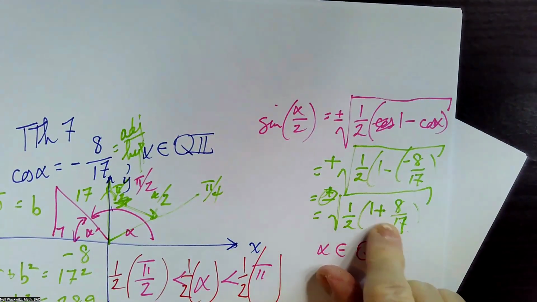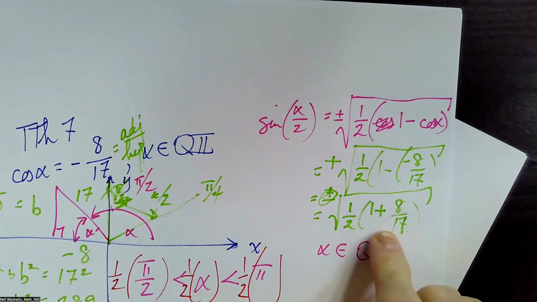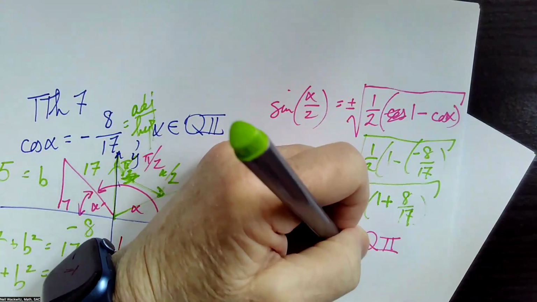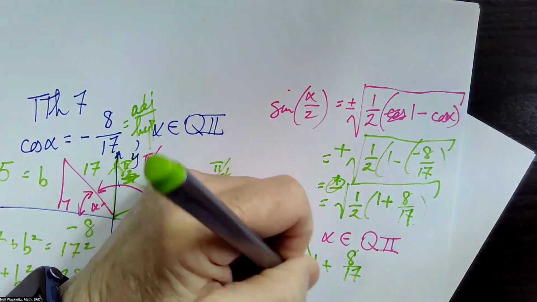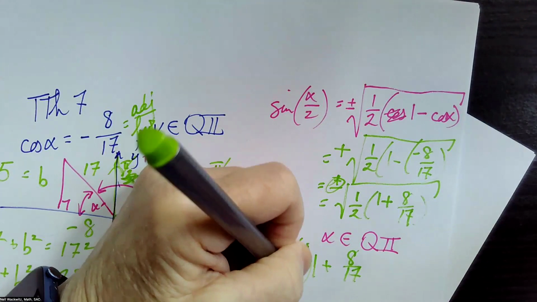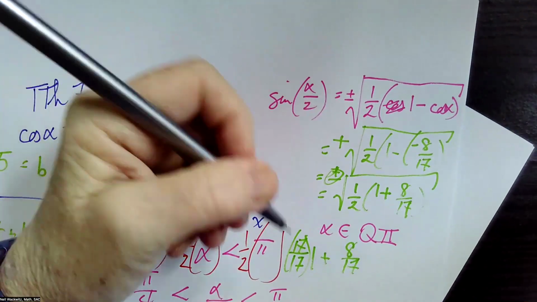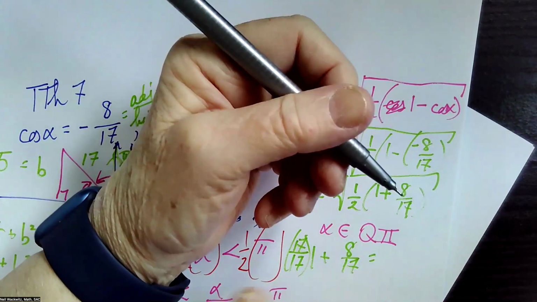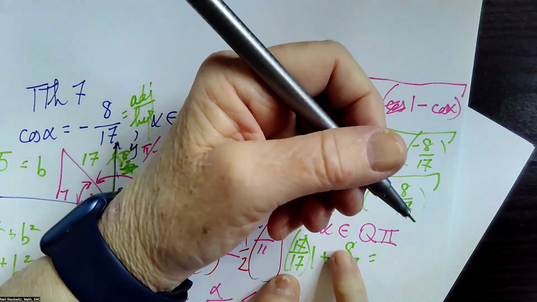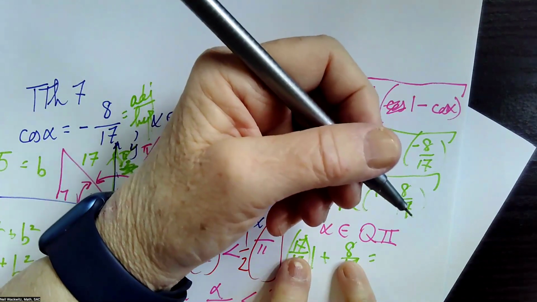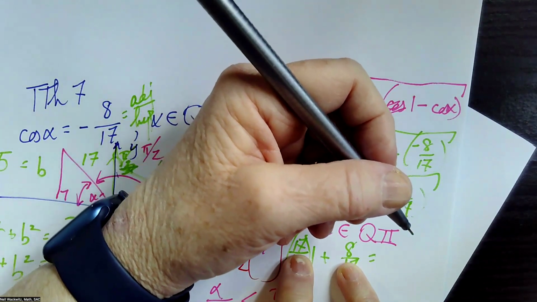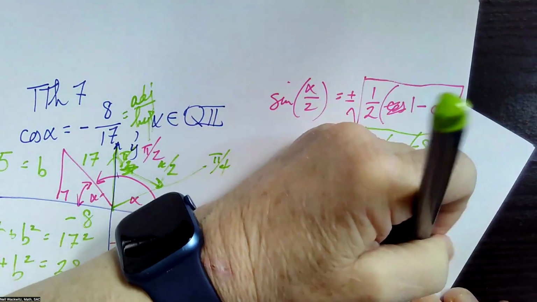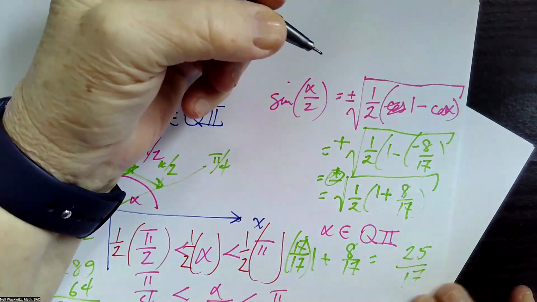Well, in order to add 1 and 8 over 17, we need to write 1 as 17 over 17. And we get that 1 plus 8 over 17, which is the same as 17 over 17 plus 8 over 17, is 25 over 17.